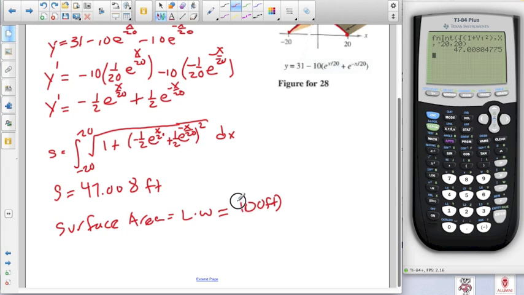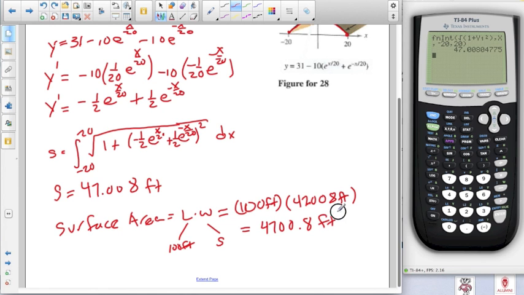And the width of the roof would be this arc here, which is 47.008 feet. So this would be the 100 feet, this would be the arc length. And so the surface area of this roof then is going to be 4,700.8 square feet.